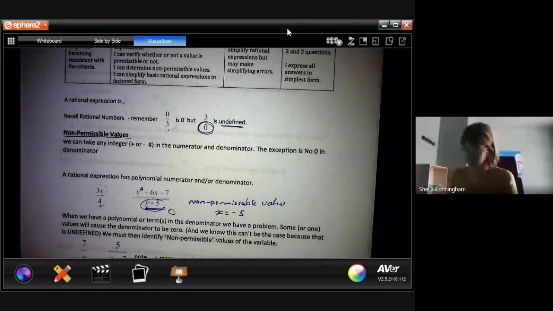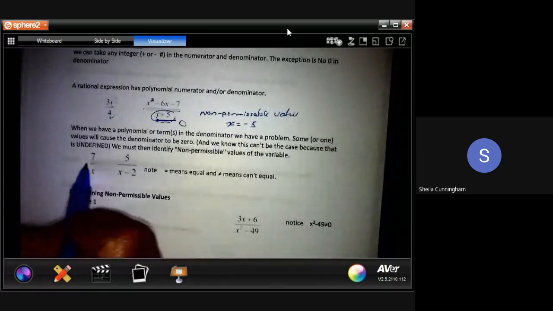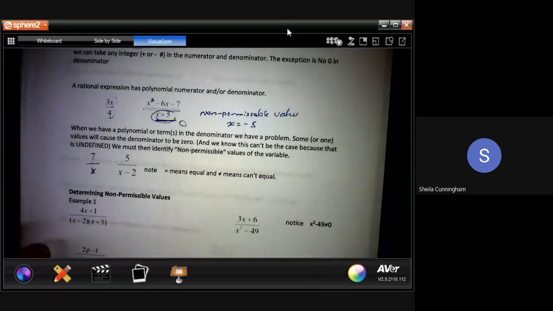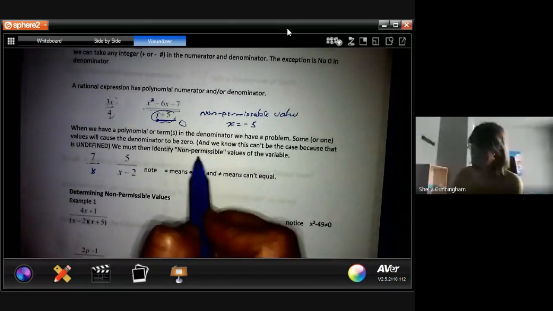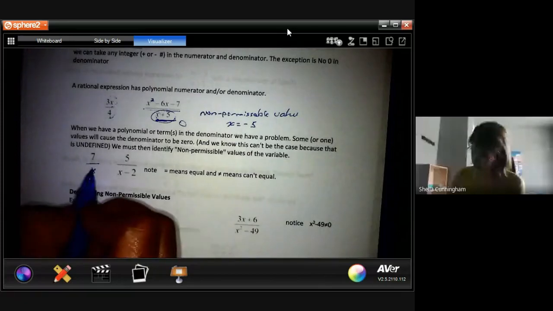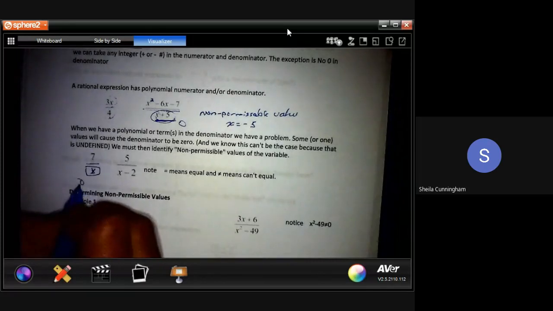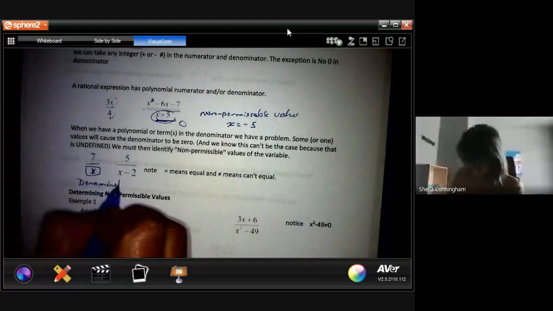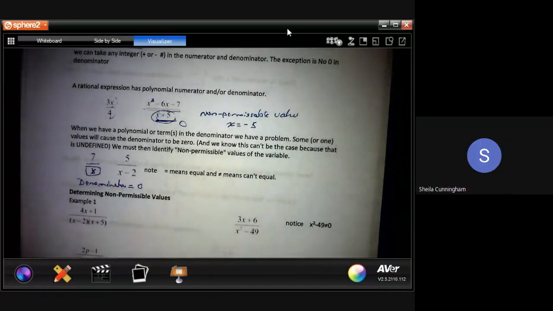No. Okay, so when we look at 7/x, and you are asked to determine what the non-permissible values are, you're asked to identify them. I would determine that by taking whatever is in my denominator and setting it equal to 0 to find out what that x will equal.